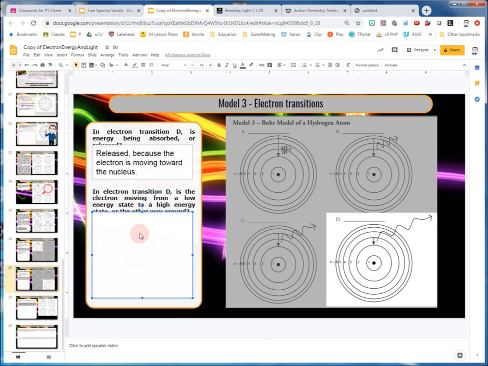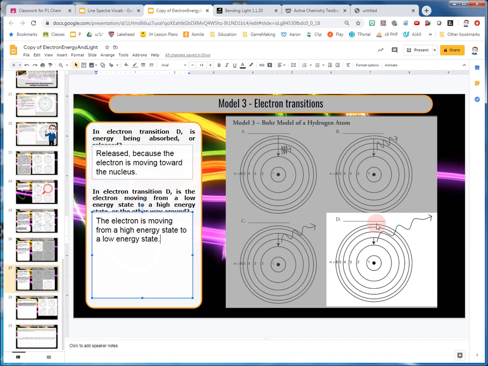Well, it's the same thing as before, right? Anytime the electron moves out, it's going from a low energy state to a high energy state. Every time the electron moves in, it's going from a high energy state to a lower energy state.